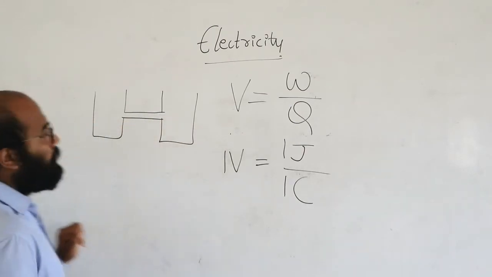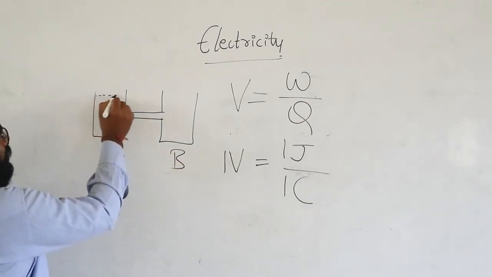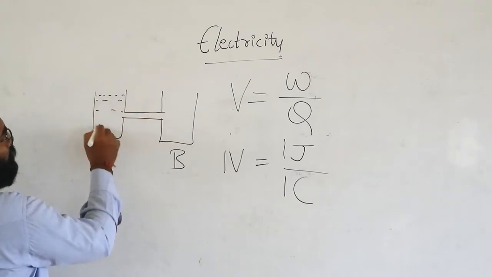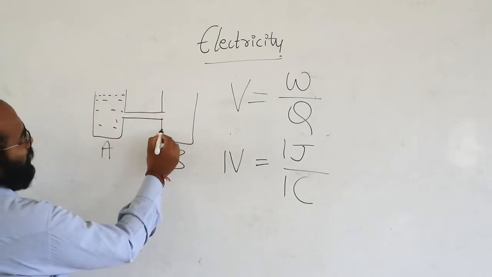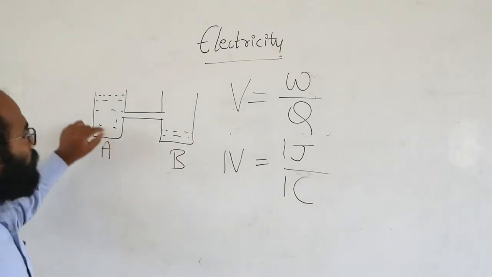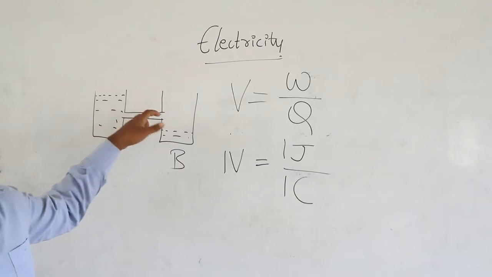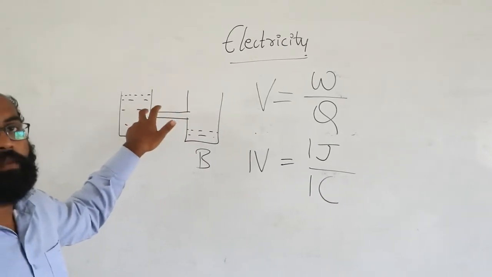Let's say in container A the water is up to this level, but in container B the water is only up to this level. So there is a difference. We can say that there is a potential difference.